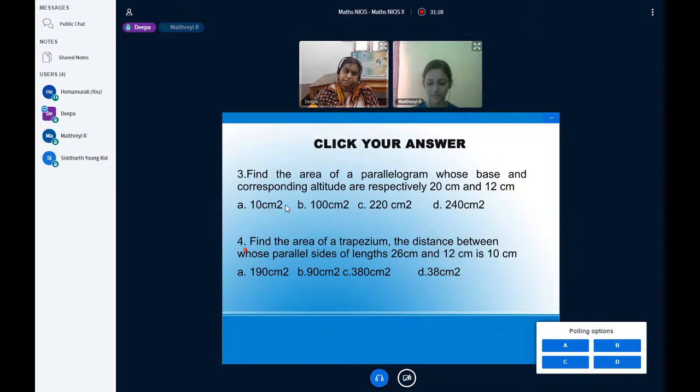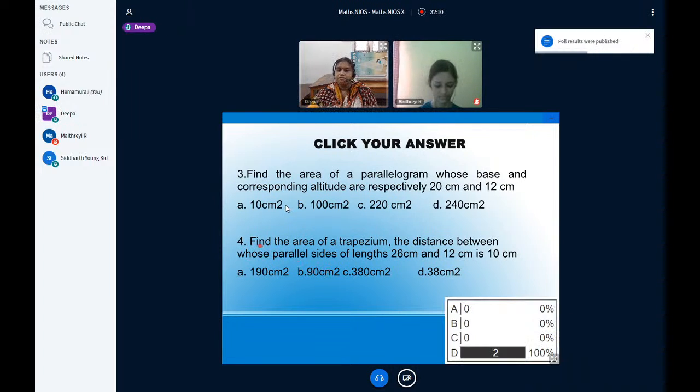Siddharth, are you finished? Very good. Both are right. Next question is find the area of the trapezium, the distance between whose parallel sides of lengths 26 centimeter and 12 centimeter is 10 centimeter.